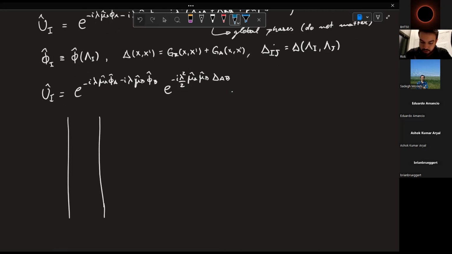We will consider Alice and Bob to be interacting for the same amount of time and starting their interaction simultaneously in the rest frame. So this will be the situation we're going to consider.